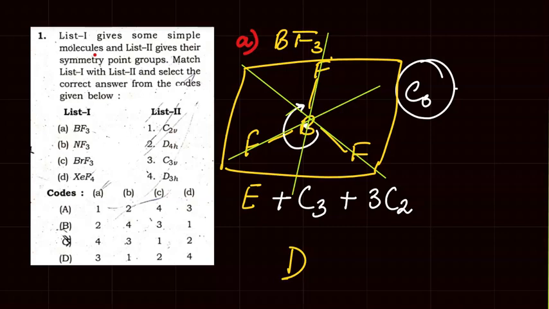The plane perpendicular to the principal axis is called sigma h, the horizontal plane of symmetry. And the planes parallel to the principal axis are called sigma v, the vertical planes of symmetry. Here there are three vertical planes of symmetry, and hence the point group for this molecule will be D3h.